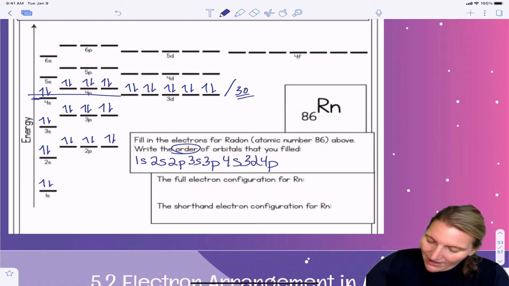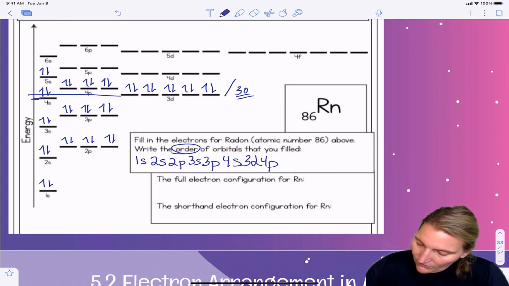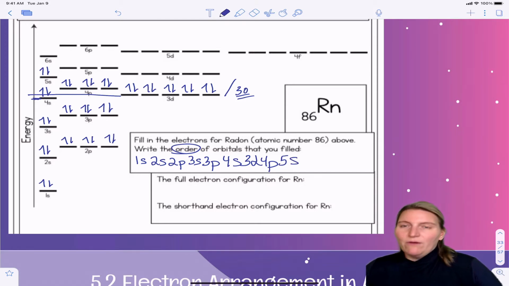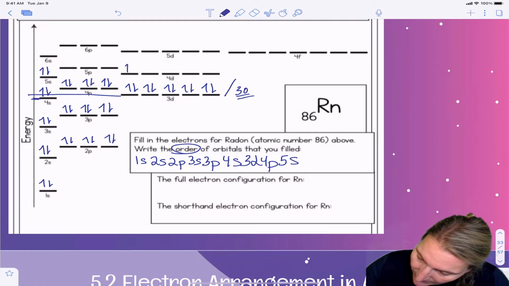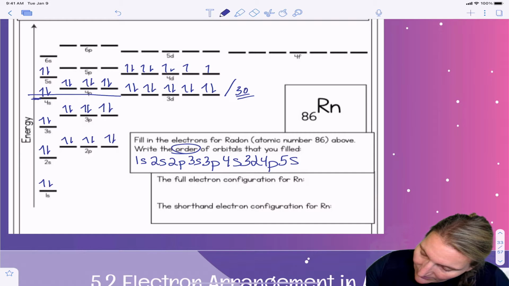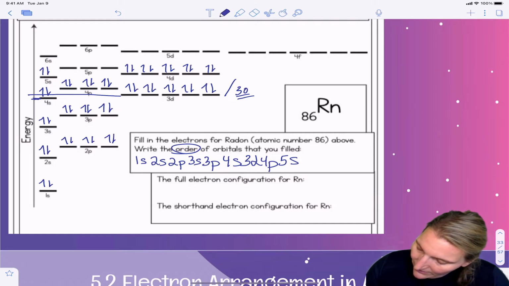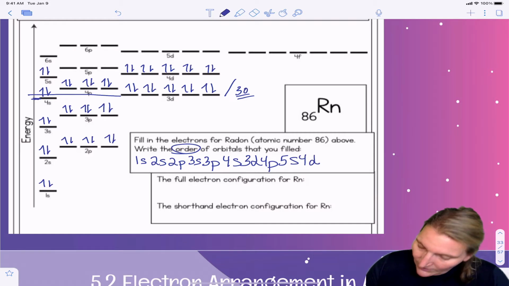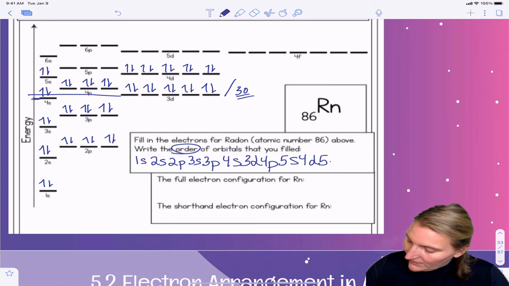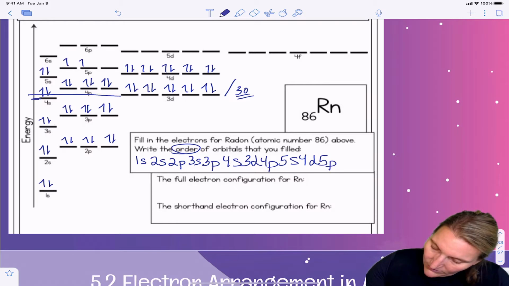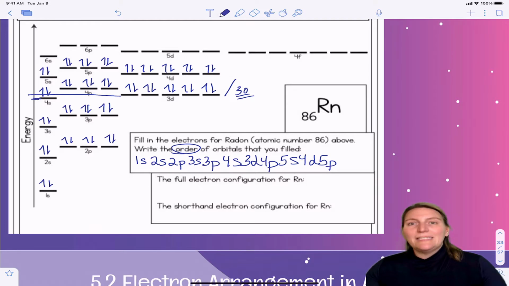Now the 5s, and now the 4d, 1, 2, 3, 4, 5, 6, 7, 8, 9, 10. 5p comes next. 1, 2, 3, 4, 5, 6.